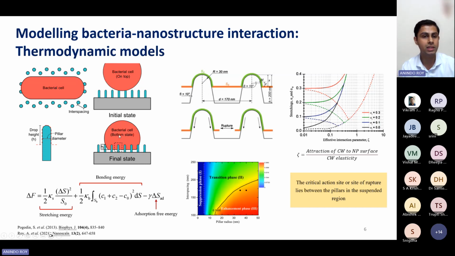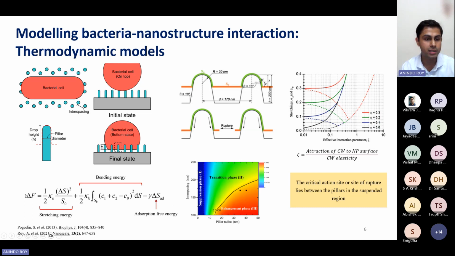So we want to see if this process is thermodynamically favorable, and then try to calculate what sort of dimensions would be good for this process to occur more efficiently, and also try to understand more nitty-gritties of the process, as in where the rupture is occurring, how it is occurring, and so on.